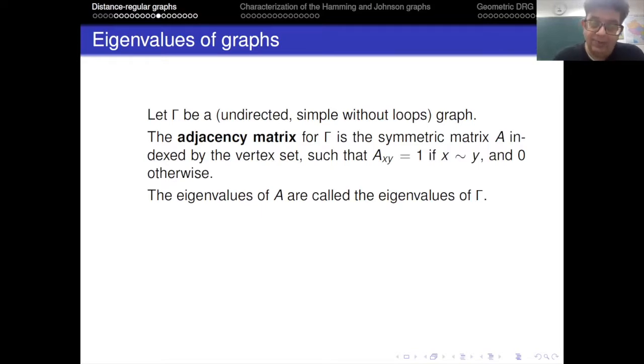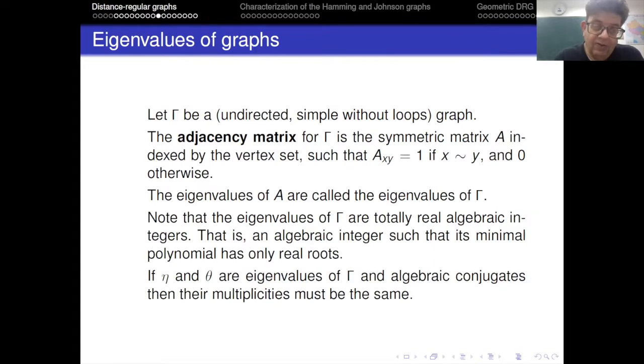You only need a permutation to change one matrix to the other. And note that the eigenvalues of gamma are totally real algebraic integers, that is, algebraic integers whose minimal polynomial has only real roots. The reason why I mention it is that if eta and theta are eigenvalues of gamma and algebraic conjugates, then their multiplicities must be the same.